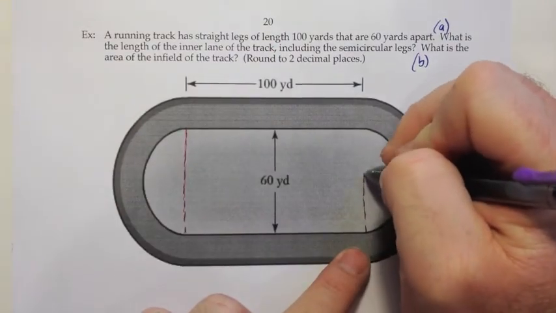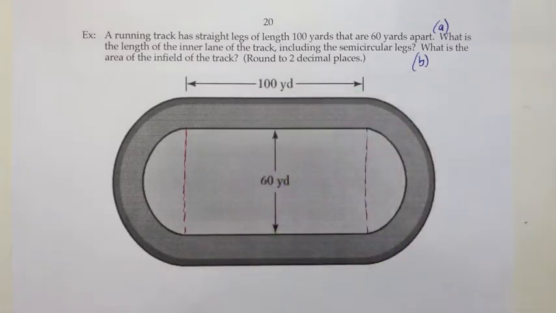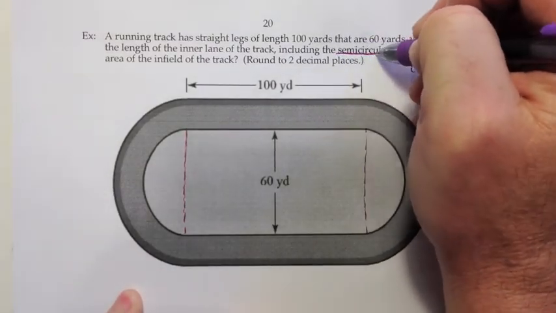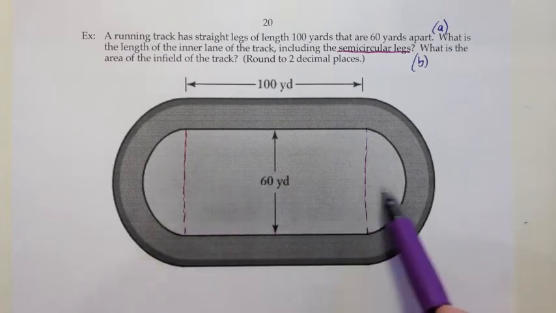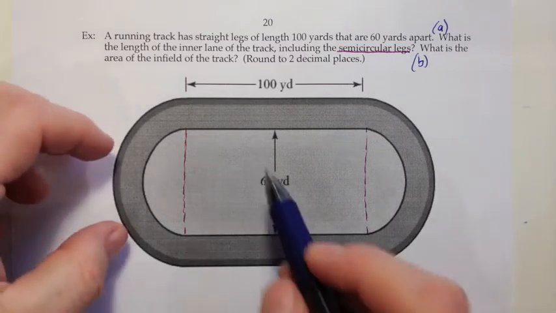So I'm going to make that same chop. If you look at what's on the inside of that, that would be a rectangle. And it may not look quite like it in this picture, but they said on the outside those are semicircular legs, meaning half circles. So if I took this half and that half and slid them together, that should make up a complete circle.